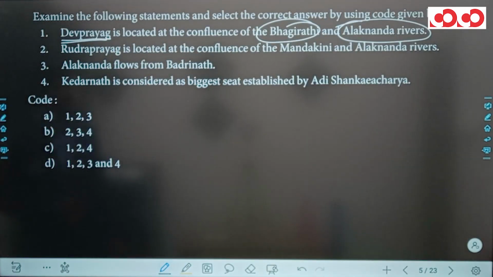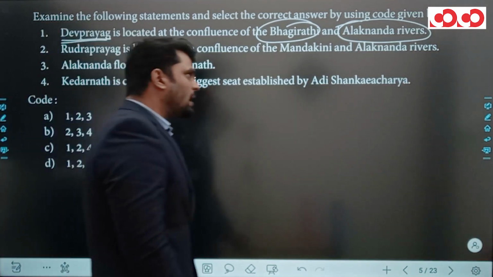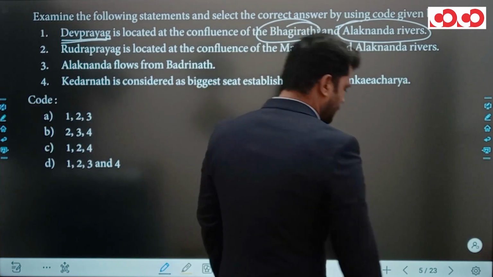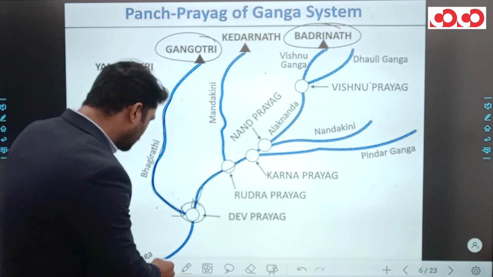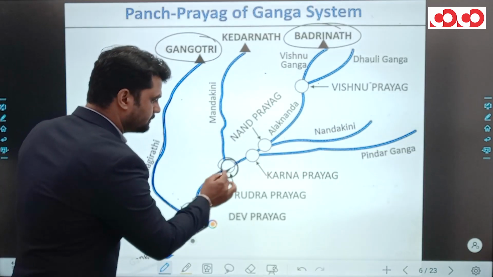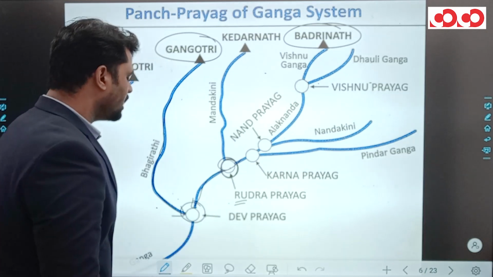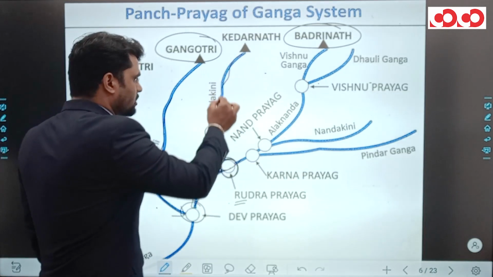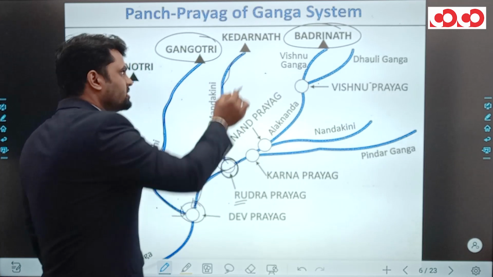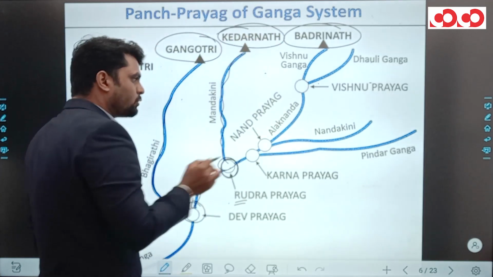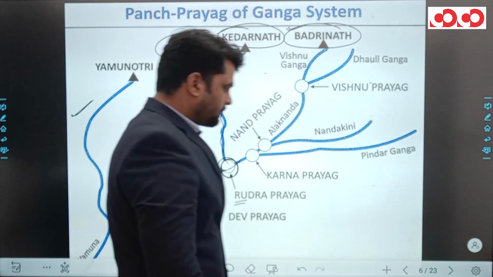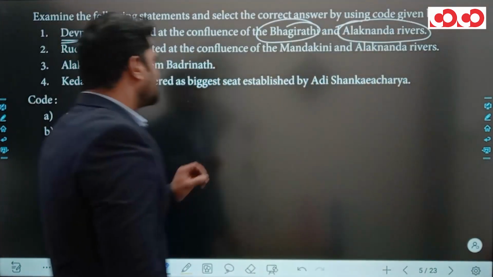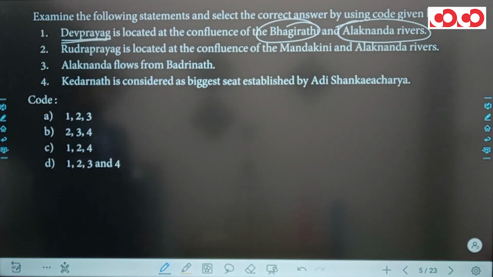Let's come to the second statement. Rudraprayag is located at the confluence of Mandakini and Alaknanda river. Again, let's have a look at that picture. The question asked about Rudraprayag. Here is Rudraprayag. And you are witnessing the confluence of Mandakini river originated from Kedarnath and Alaknanda which originated from Badrinath. So, according to this image, the second statement is also absolutely correct.